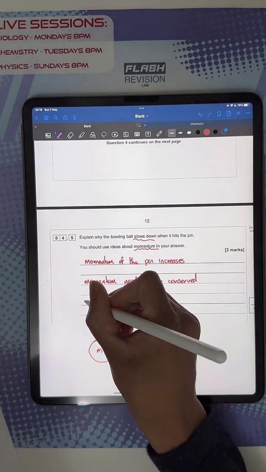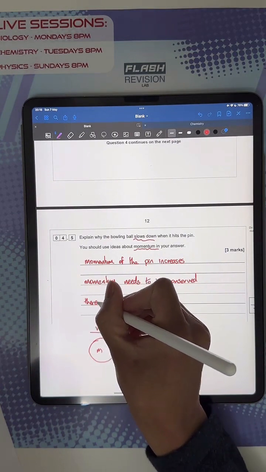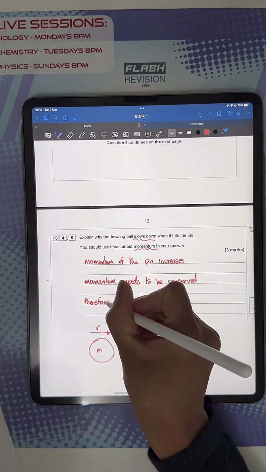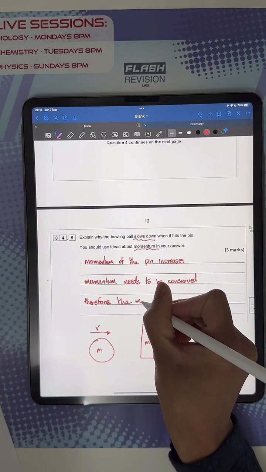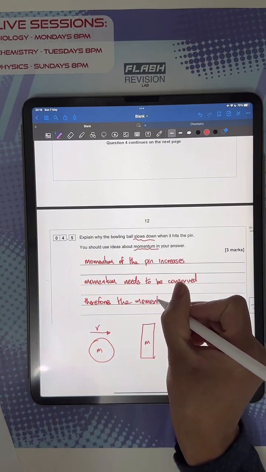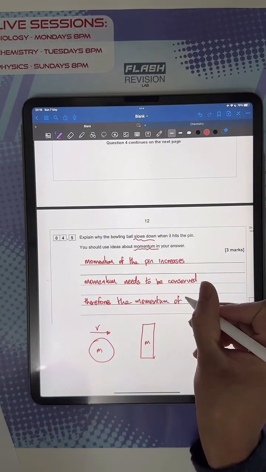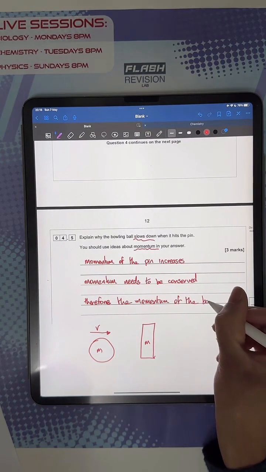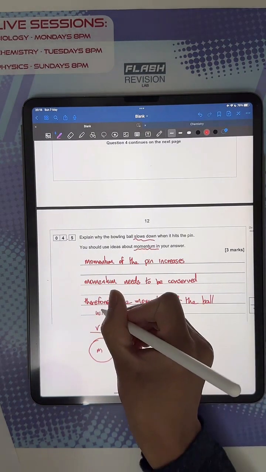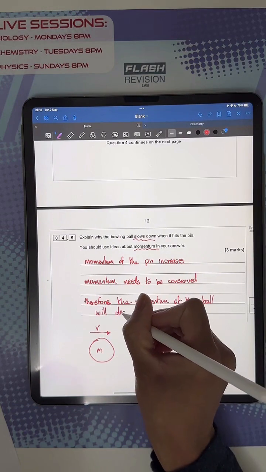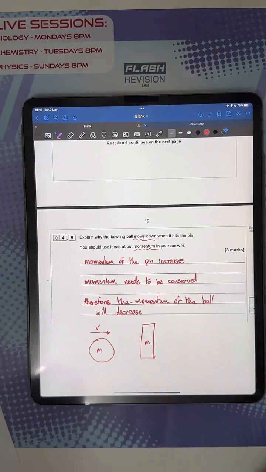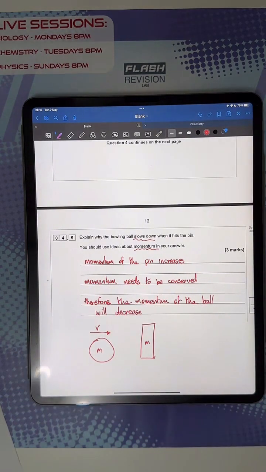So you can say, therefore, the momentum of the ball will decrease. And in turn, that means the speed of the ball will decrease.